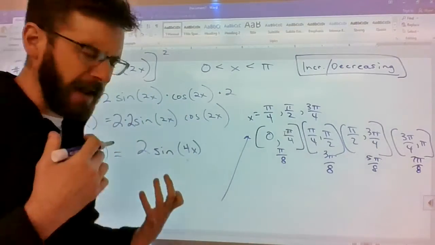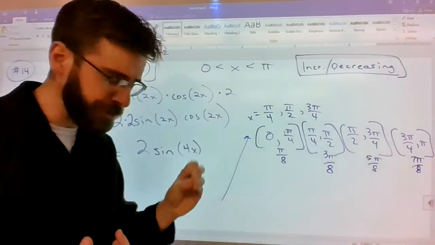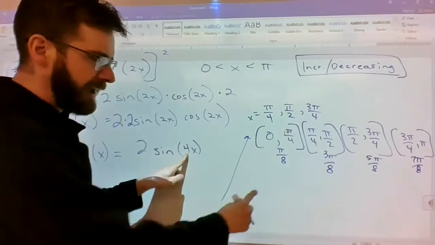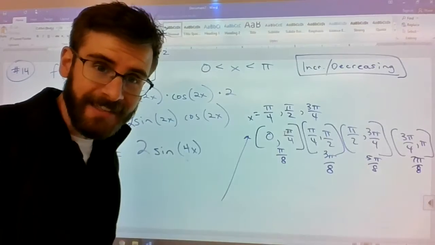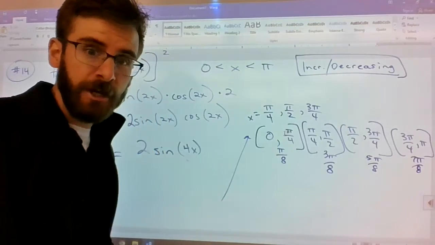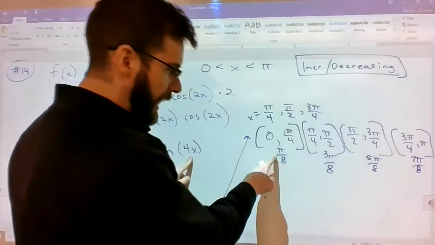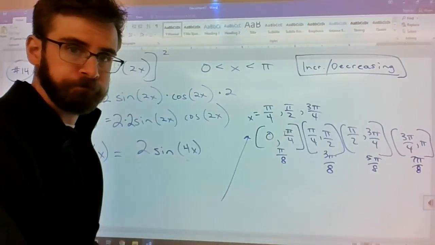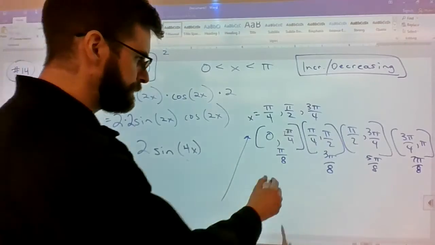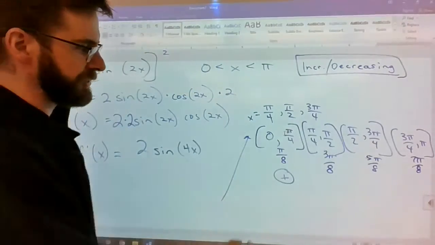And kind of the reason why I picked it was because I could see in the future that, hey, if you're taking 4 times each of these values, it's going to cross-cancel with the 8 and put a 2 on the bottom. So really, it's like I'm saying, what's the sine of pi over 2? 1. 1 times 2? Positive. You're increasing.